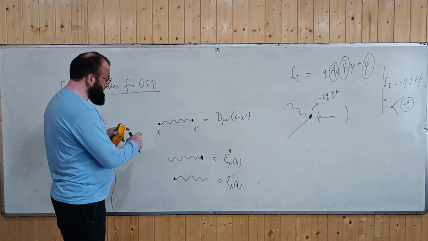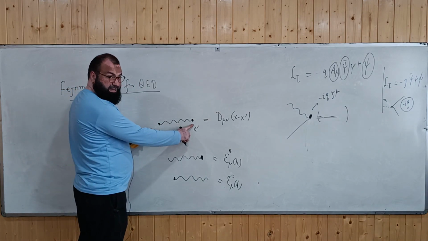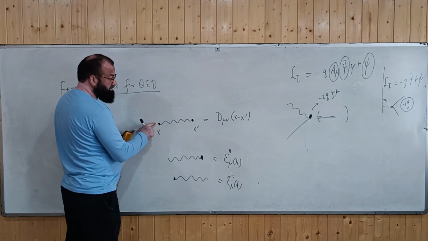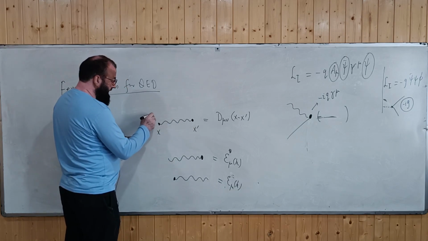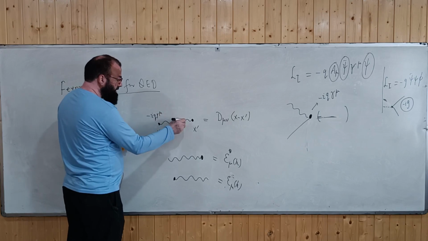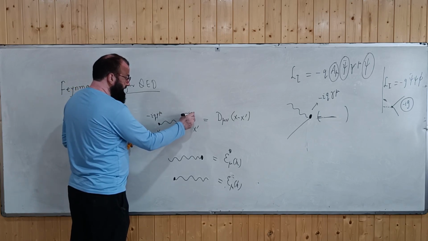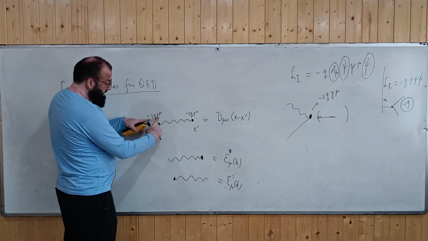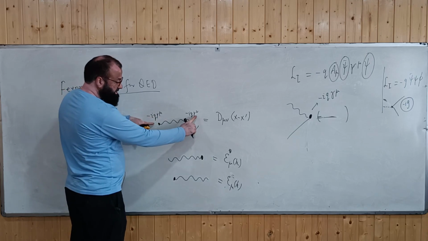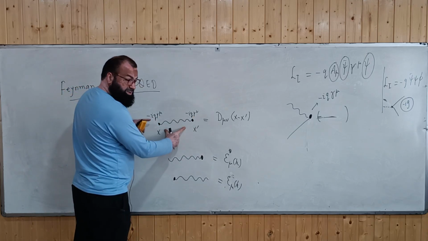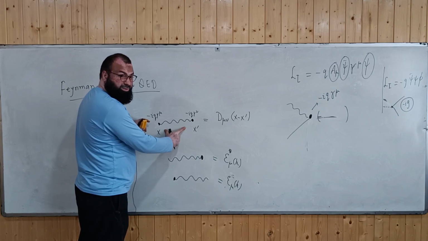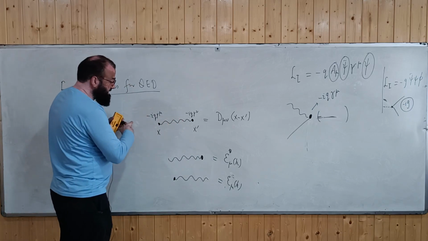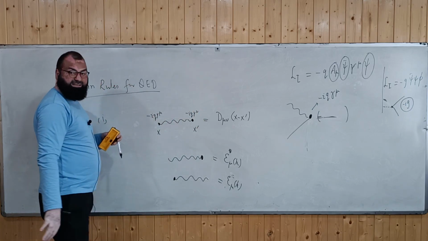Now if I have, let's say, this is one vertex and this is another vertex, for this vertex I will write minus i q gamma mu, and for this vertex another gamma nu. In between is the propagator D mu nu, so that this entire object is a scalar quantity.